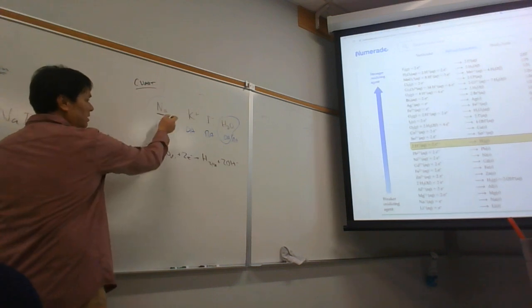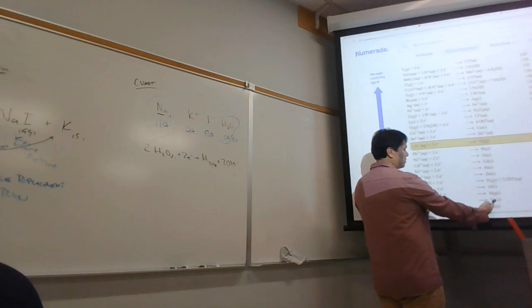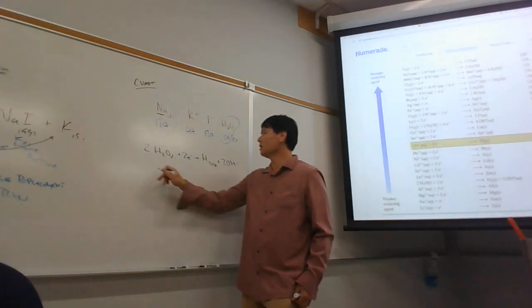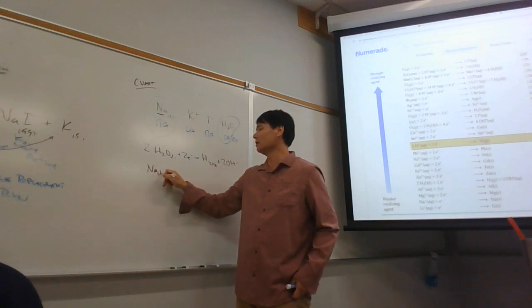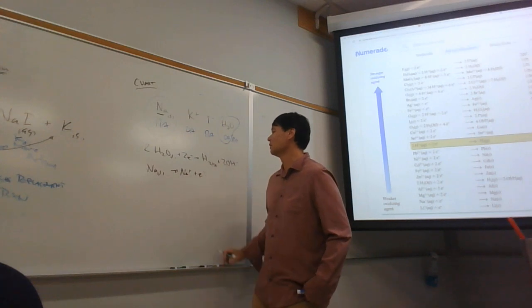Now sodium's the other reactant, but over here sodium's a product. So I'll have to flip it around so that sodium becomes a reactant. We go from sodium solid to sodium ion plus an electron.